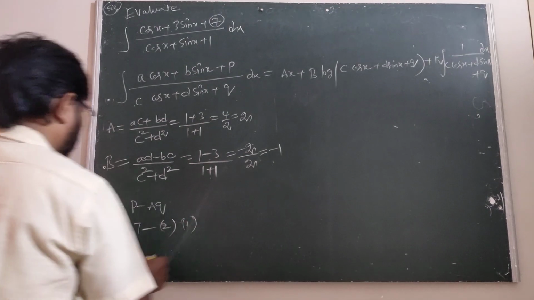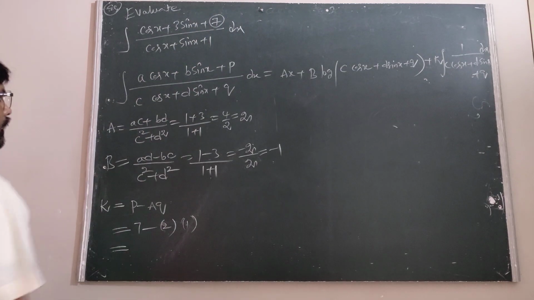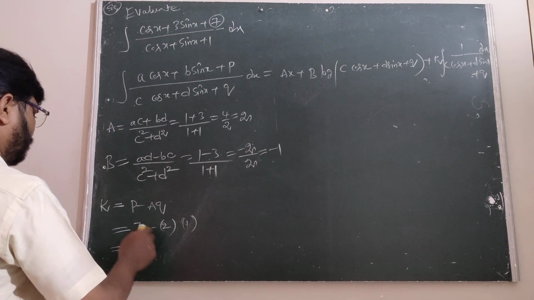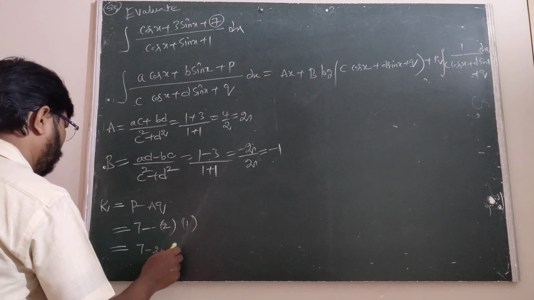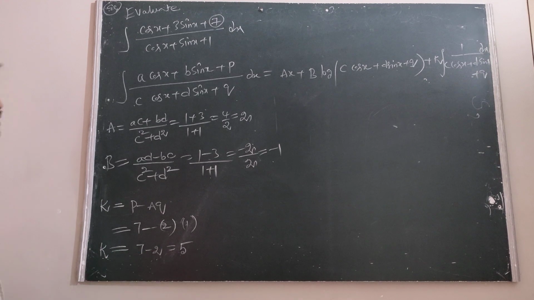Is it clear? Now p minus aq: p is 7, a is 2 and q is 1. Now 7 minus 2 is 5.